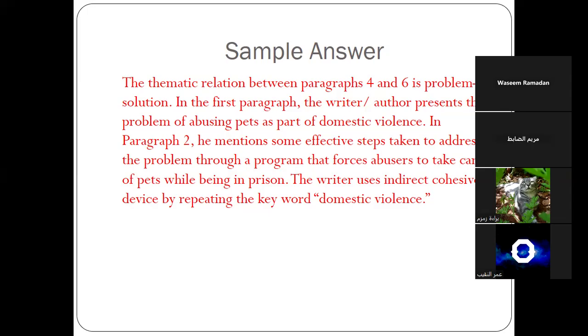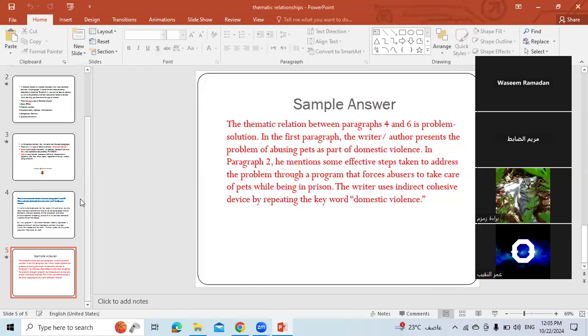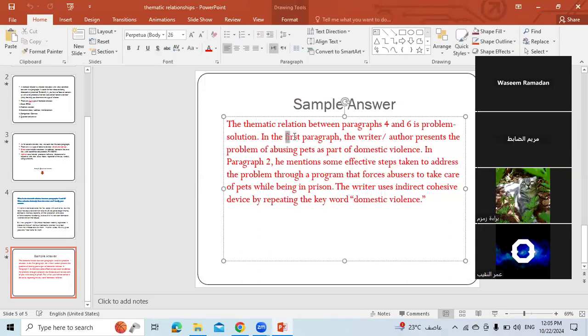Remember, guys, if I ask you only thematic relation, don't continue by saying the cohesion. And I may ask you about the cohesion alone, by the way. So I may ask you them separately. Fine? Yes, Ustaz. Okay. So let me here edit.